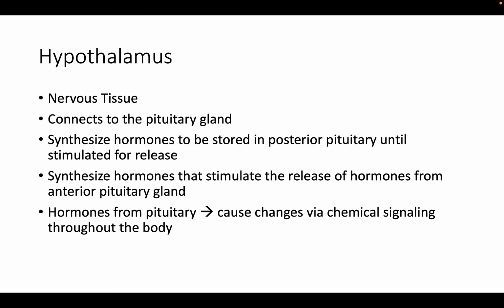The hypothalamus also synthesizes hormones that stimulate the release of other hormones that are made in the anterior pituitary gland. And then the hormones from the pituitary are going to cause changes via chemical signaling throughout the body. And so you can think of this hypothalamus as the master regulator of the endocrine system. It's the starting point and the ending point for all negative and positive feedback cycles that are going to be controlling hormone output and their effects on the rest of the body.